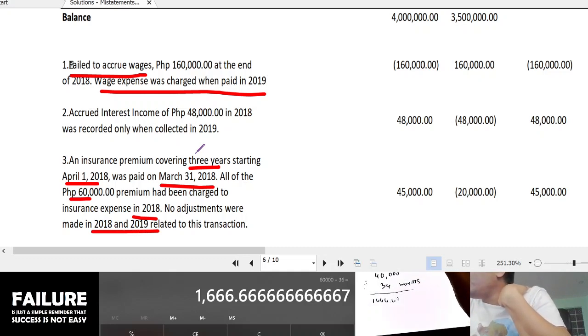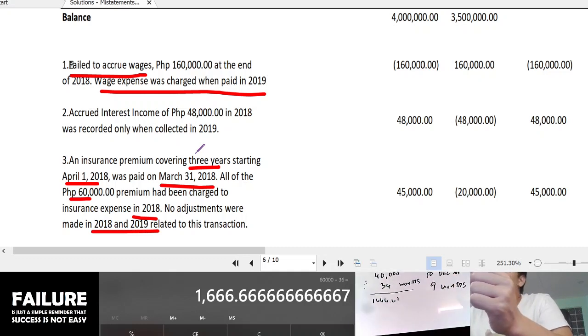So, the point is, in 2018, diba? From April to December 2018, that is obviously 9 months. Correct? That is obviously 9 months lang.